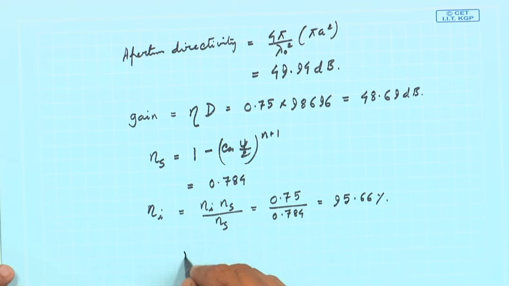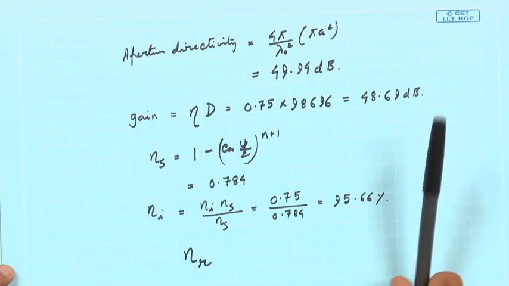For any dish antenna, the very critical thing in fabrication is the surface roughness. The random error is specified, that is, how much surface error there is. People assume a random Gaussian distribution, and from that there are formulas for finding the surface roughness. So, that efficiency is called eta r.